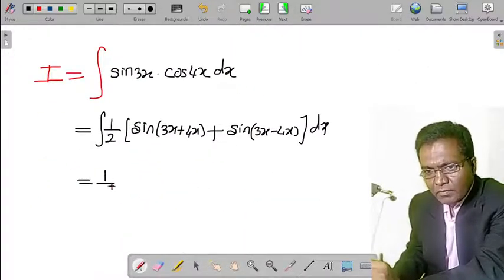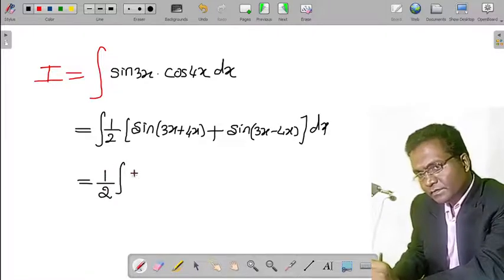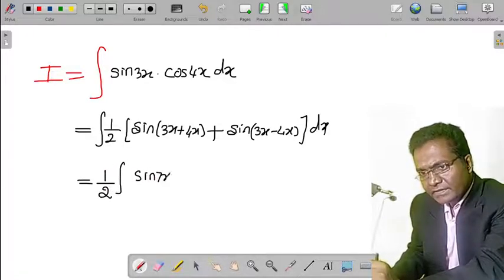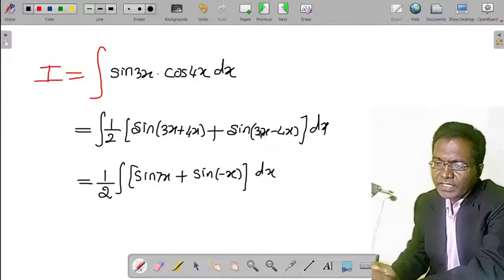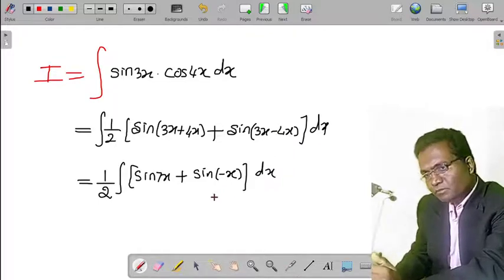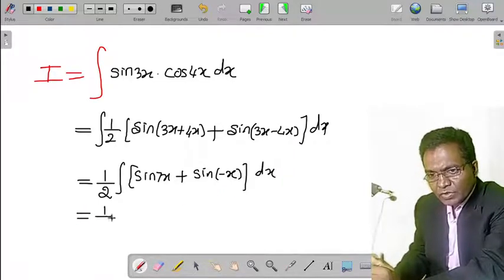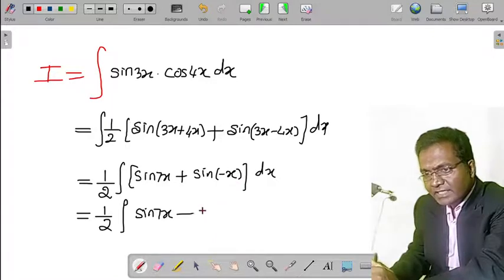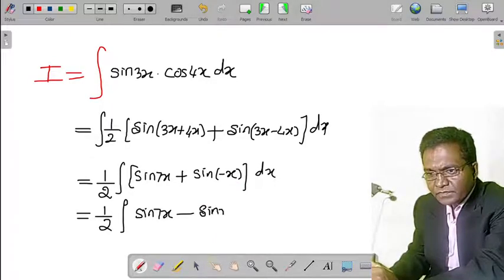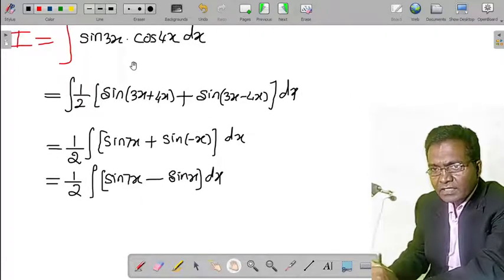This is equal to 1 by 2 outside, sine 7x plus sine of minus x you will get, since 3x minus 4x is minus x. So 1 by 2 integration of sine 7x, and sine of minus theta is minus sine theta, so you can write minus sine x.